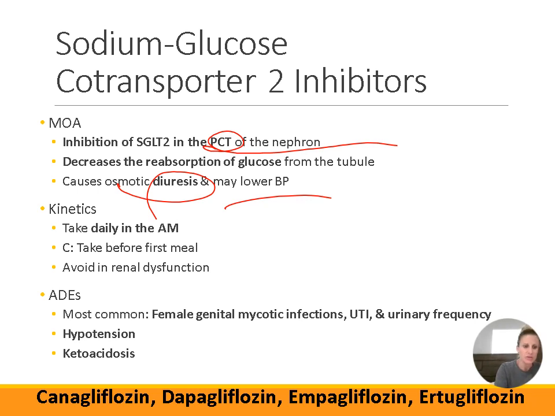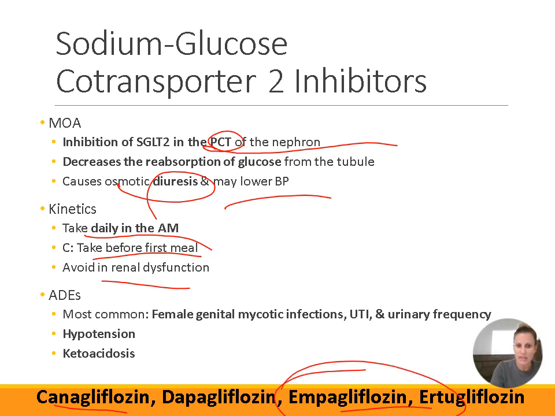These agents, you can see at the bottom, canagliflozin, dapagliflozin, and empagliflozin, they all end in this flozin. They're taken once daily in the morning. Canagliflozin should be taken before the first meal of the day. And they're metabolized renally, or they're cleared renally, so should be avoided in renal dysfunction.